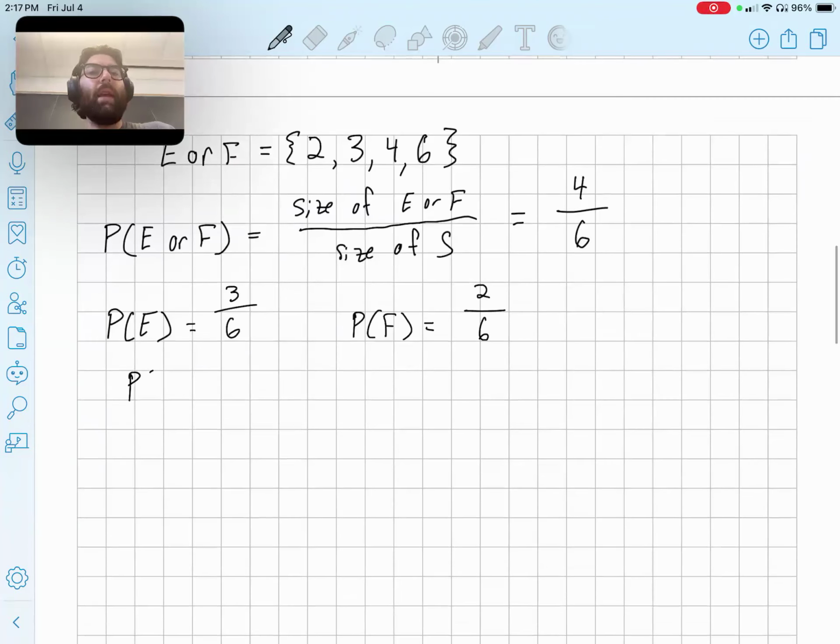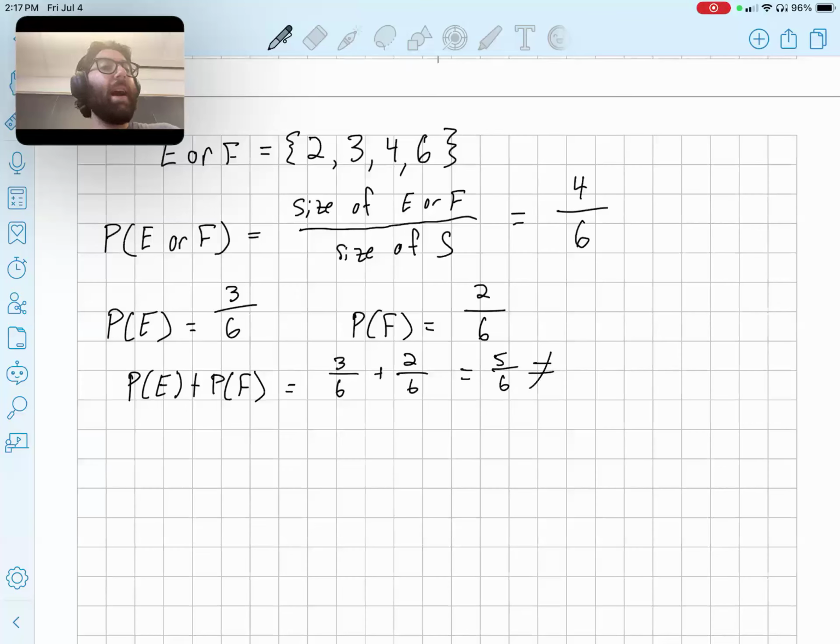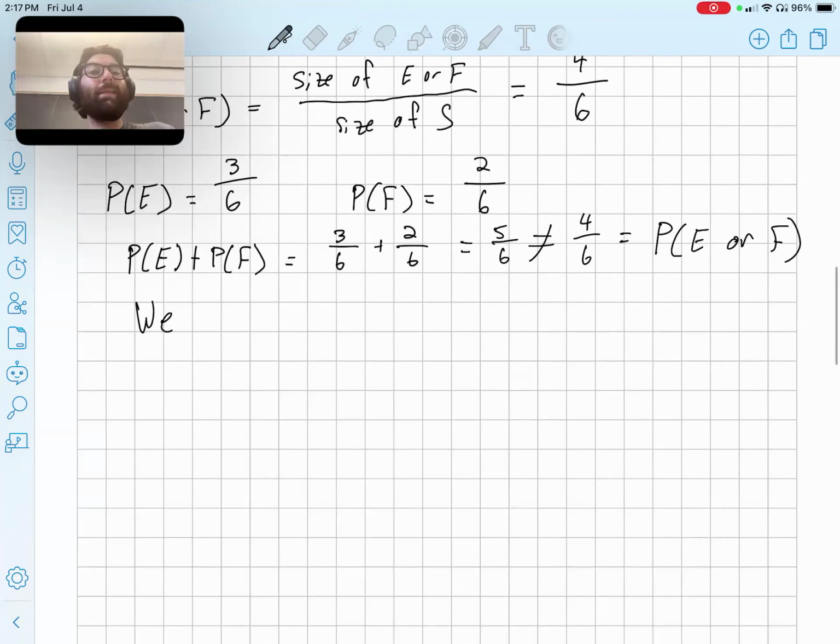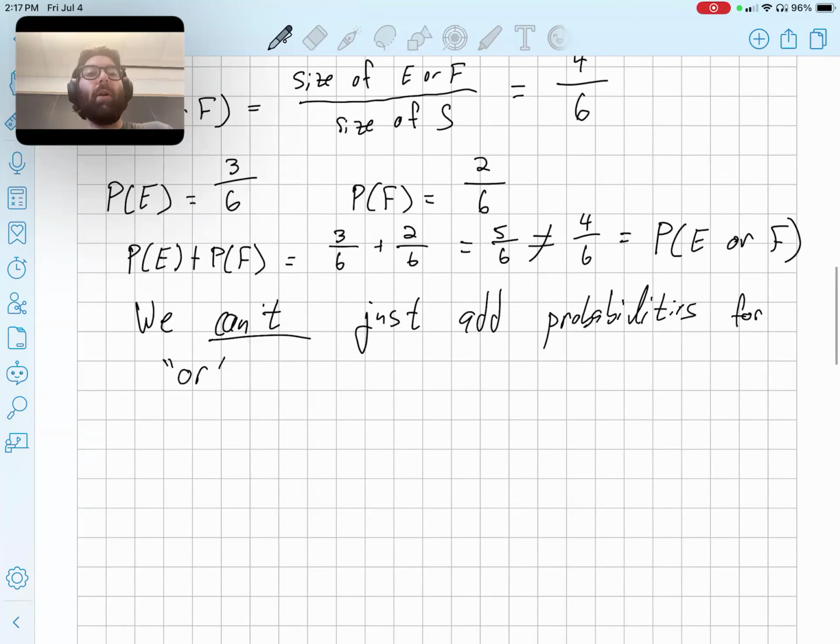And so P of E plus P of F is 3 out of 6 plus 2 out of 6, which is 5 out of 6. And we see 5 out of 6 is not equal to 4 out of 6, which is the probability of E or F. And so we can't just add probabilities for or.